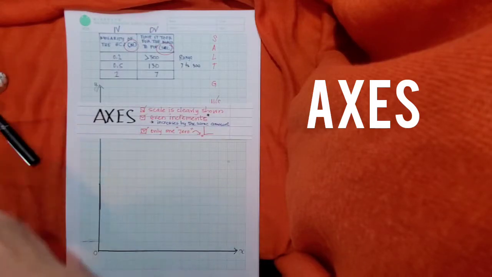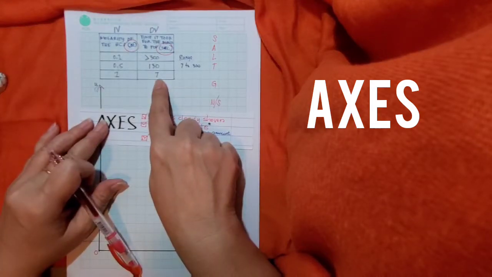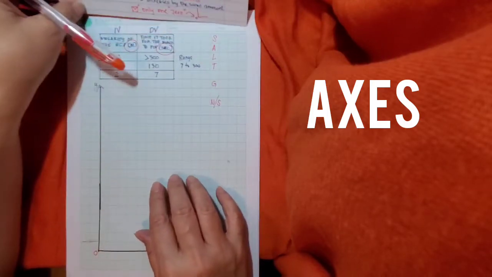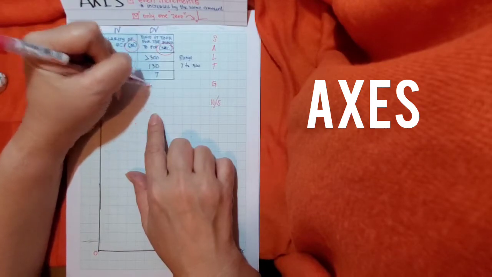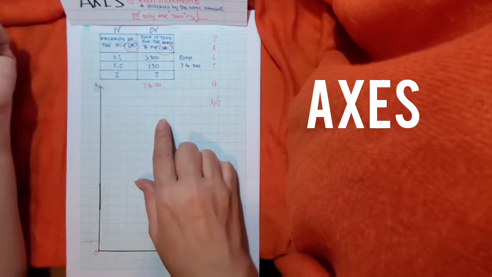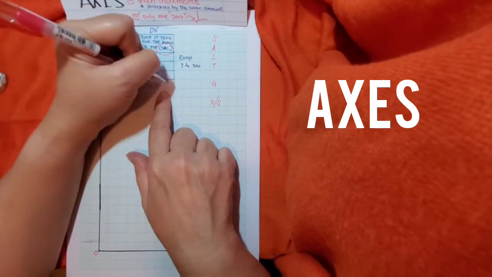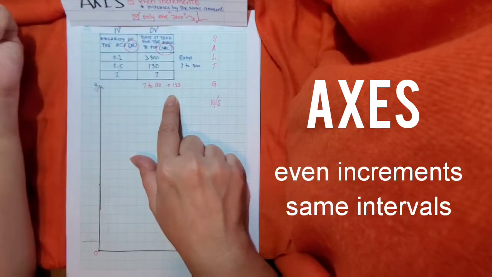Now, how do I make my increments increase? So I need to look here. From 7 to 130, that's not just about, it takes 123 values.